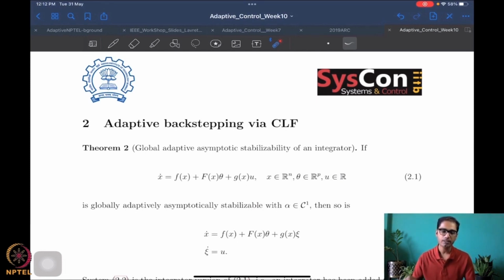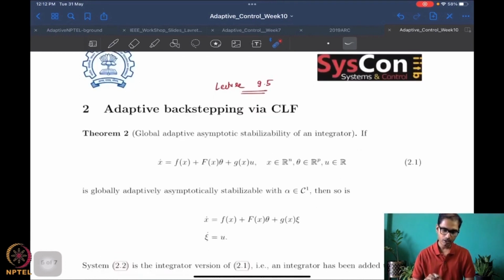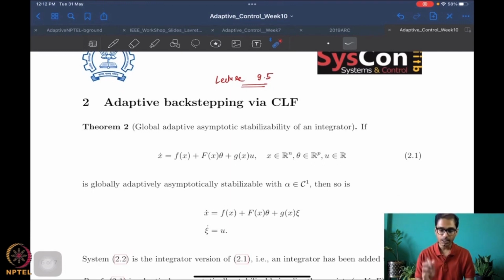We want to do adaptive backstepping via CLF starting this session. So I'm going to mark this as lecture 9.5, right? This is where we are. So you are saying that if you have a system again which is looking like the system 1.1, where x is the state in Rn, theta is the parameter in Rp, and the control is still a scalar control, right?